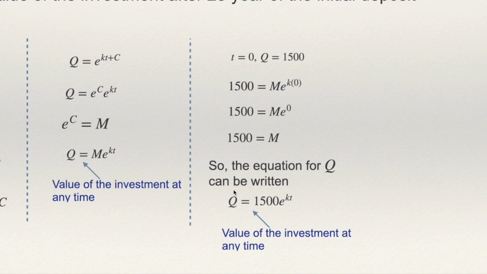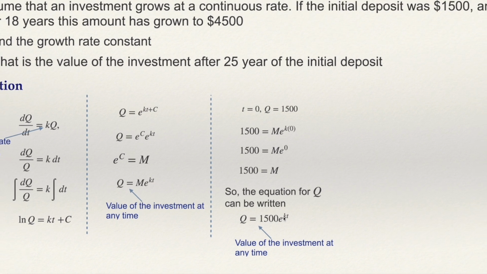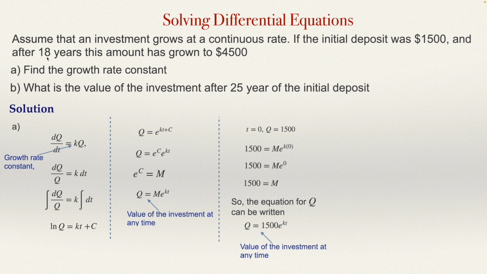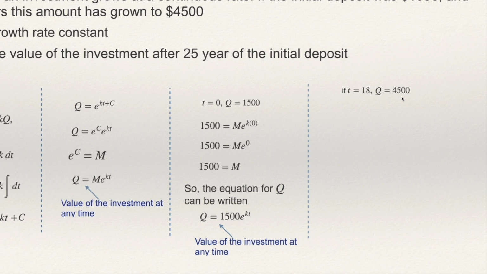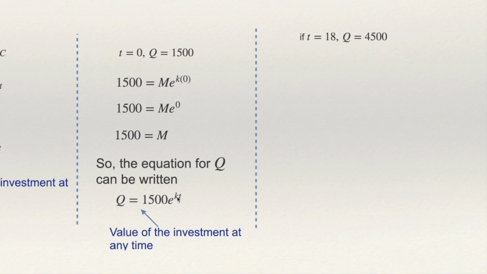We are close to finding the value of k, because the only thing we need to do is make the other substitution. If t equals 18, the value of the investment is 4,500, and I can use this in that equation and find the value of k.